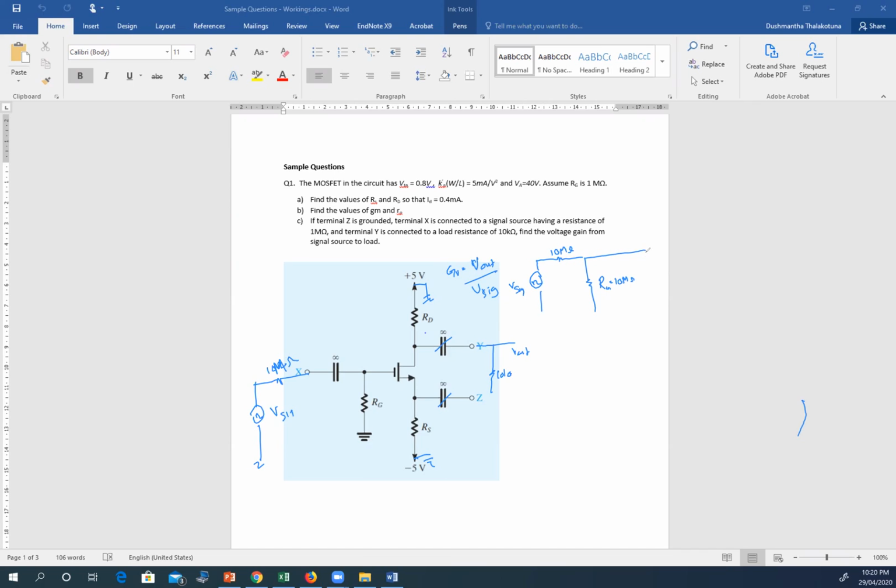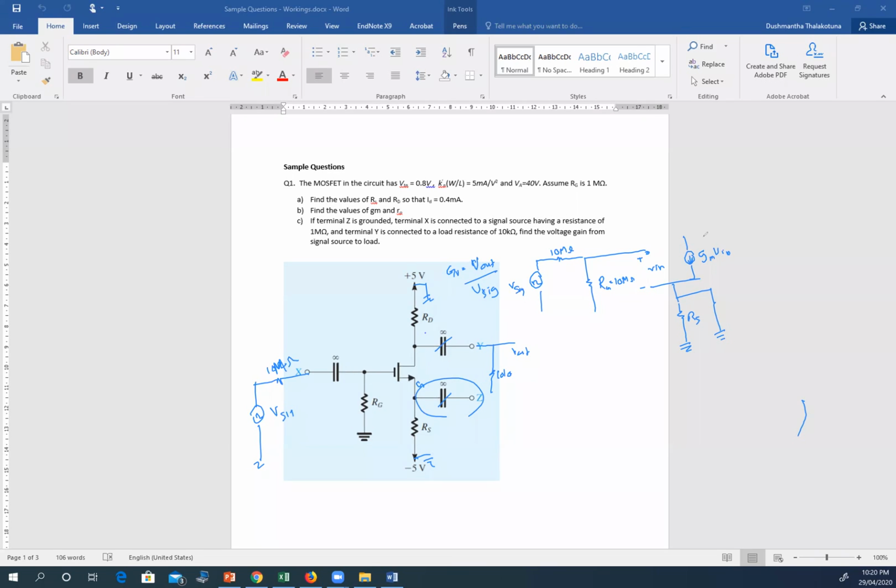Now the model for the transistor: if this is V in, the current that goes through here is g_m V in, and the gate is connected, and that has an R_S to the ground, and it is also shorted to the ground through the capacitor.